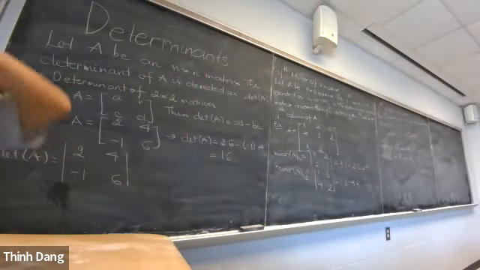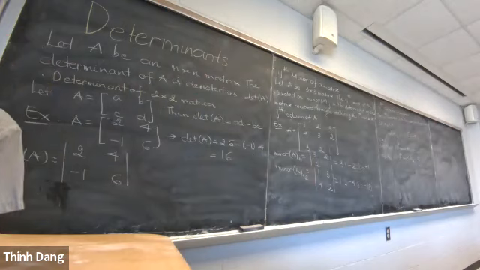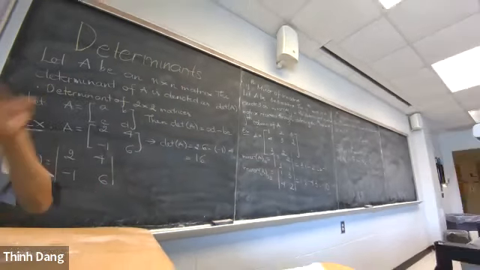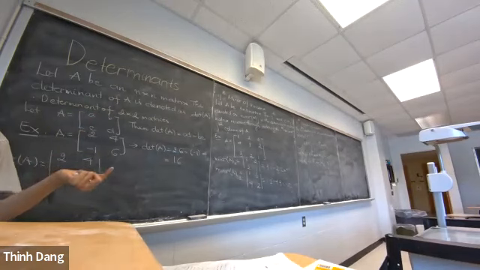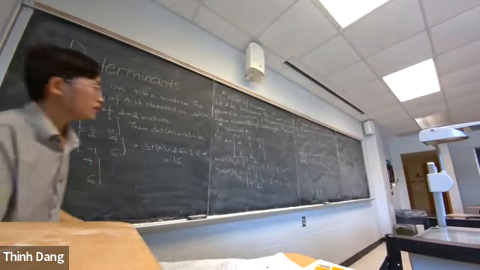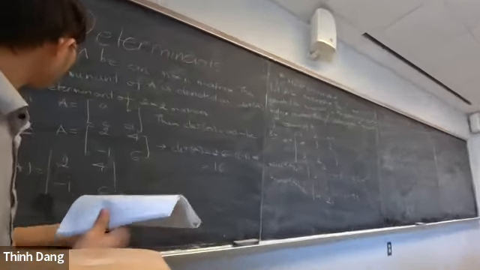So after we have defined the ij minor and the ij cofactor of any 2 by 2 square matrix, we are now officially able to construct the formula for the determinant of any 3 by 3 matrix. Let's erase this.